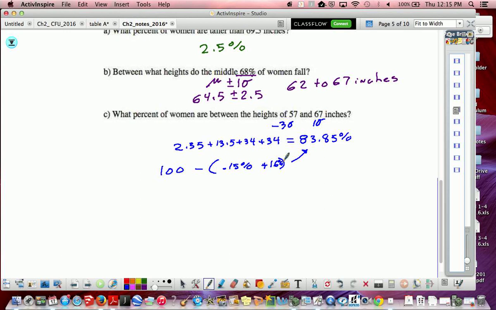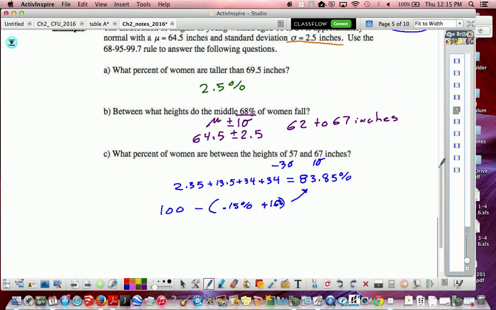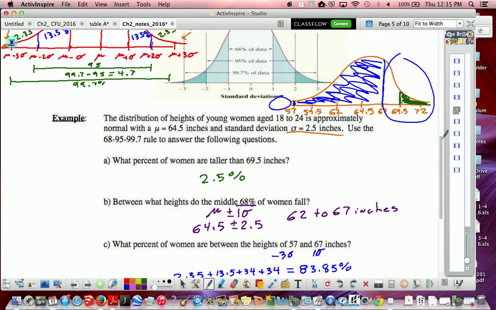Alright, are we okay with this rule so far? Now, the question then becomes this. What if I ask what percentage of women are less than 71 inches tall? Is 71 one of these values? No, it's not.